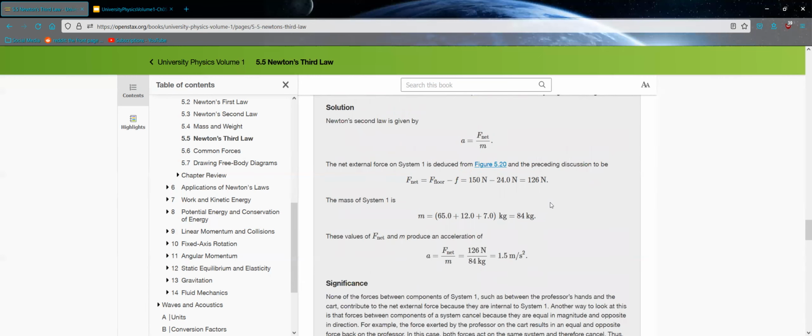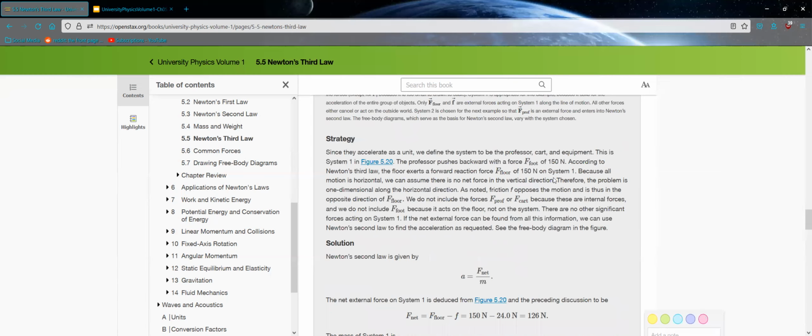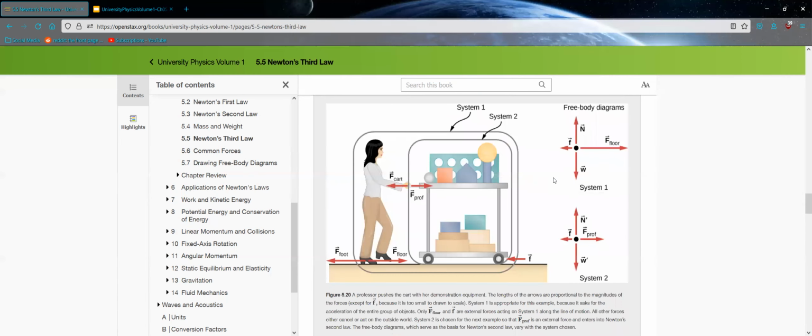So set up your equation, F equals ma, solve for the unknown force, which is the force of the floor. And there you go. Then the unknown acceleration, which is a, because you know the force of the floor and you know the force of friction. Wow. So that middle equation there solves for the net force, 126 newtons, again in the right direction, or the eastward, the positive x direction.